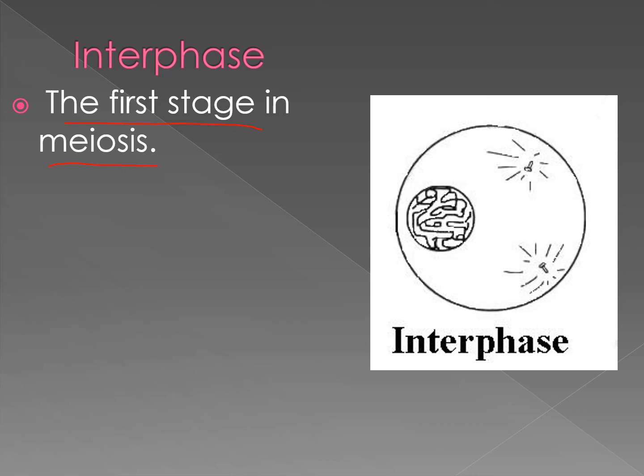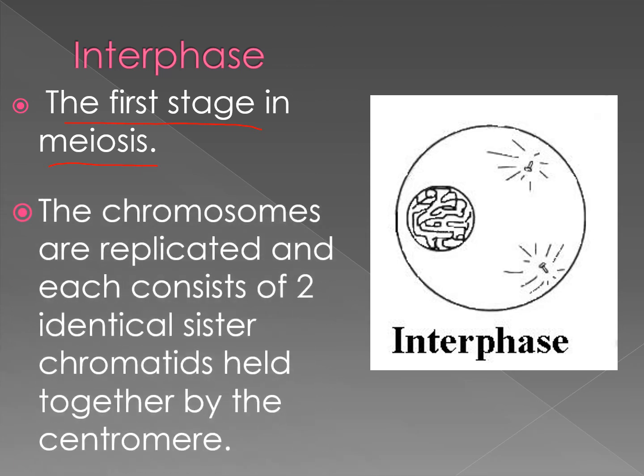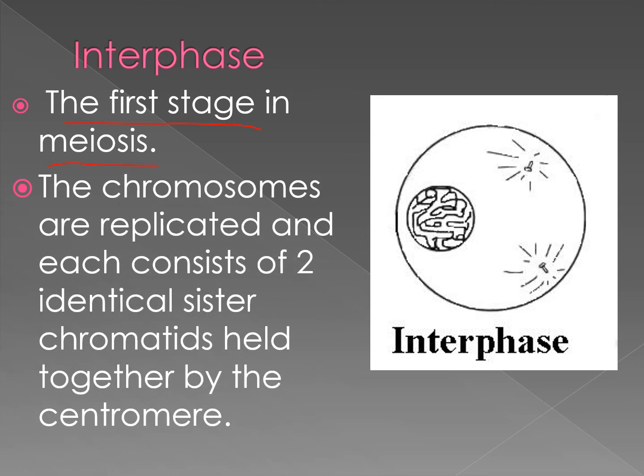Of any cell division, interphase comes first. Here the chromosomes are replicated. Remember these are 2 identical sister chromatids held together by the centromere. Look at the word sister chromatids. We don't have chromosomes yet. They are chromatids.